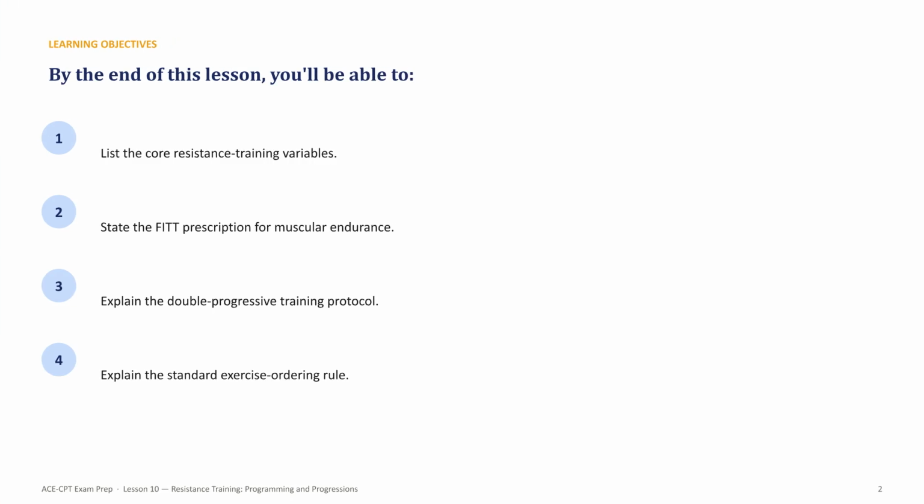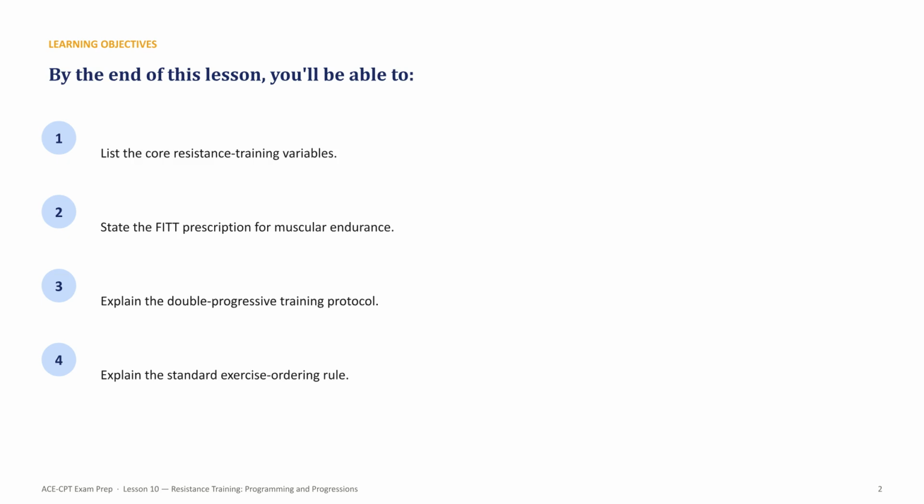Let's look at what you'll be able to do by the end of this lesson. There are 4 objectives. First, you'll be able to list the core resistance training variables, the dials a trainer actually has control over. Second, you'll state the FITT prescription for muscular endurance: frequency, intensity, time, and type, applied specifically to that goal.